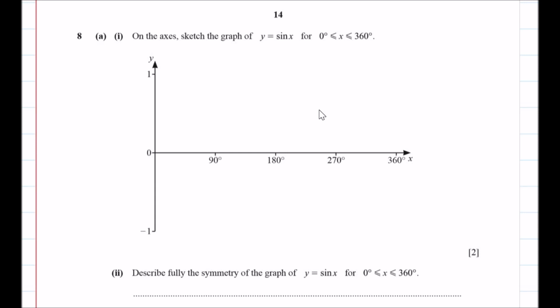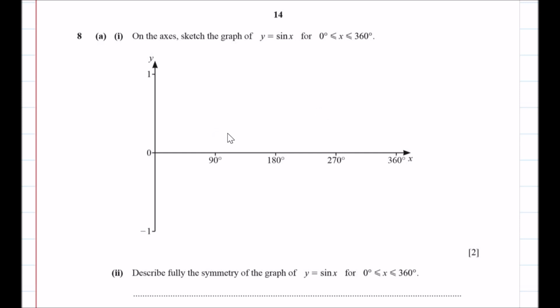It says on the axis, sketch the graph of y equal to sine x for x between 0 and 360. So you must be aware of the sine curve. How does it look? Maximum value of the sine function is 1, minimum value is -1.